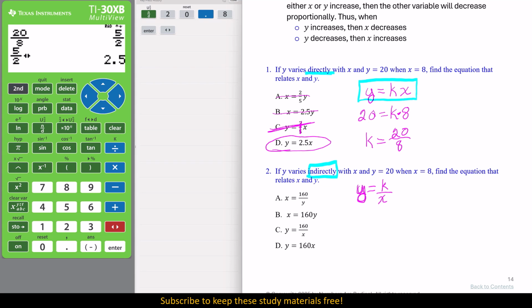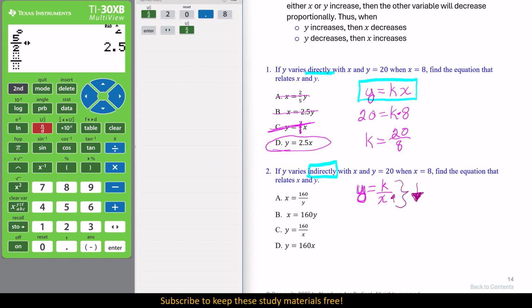Let me show you here. As x goes up, the entire value here goes down.